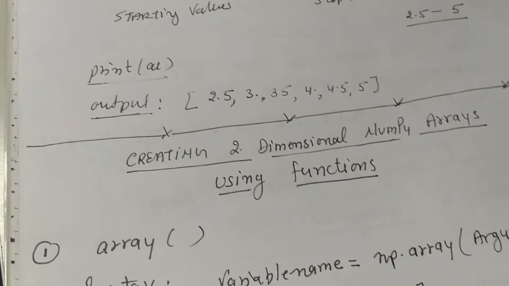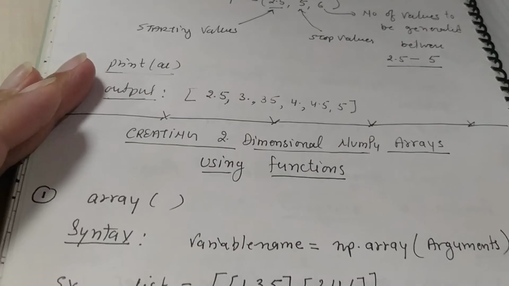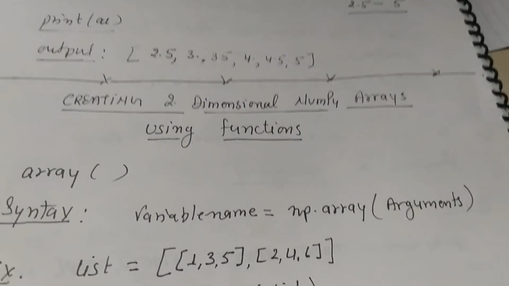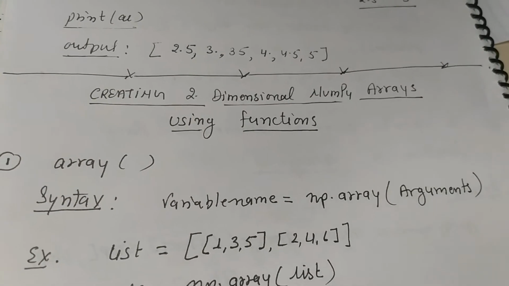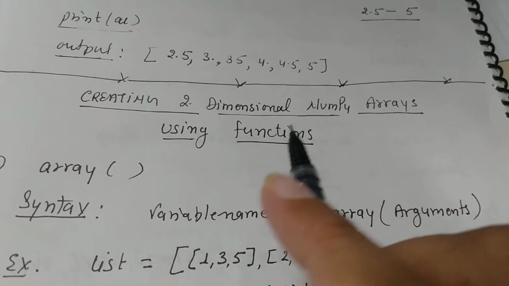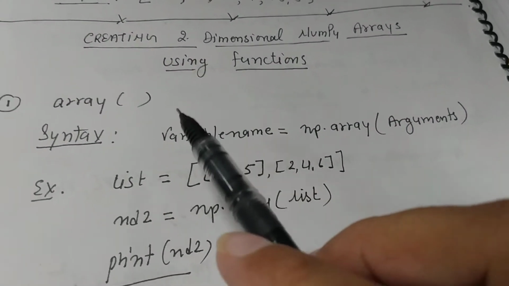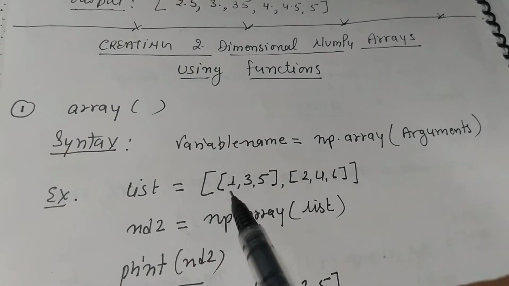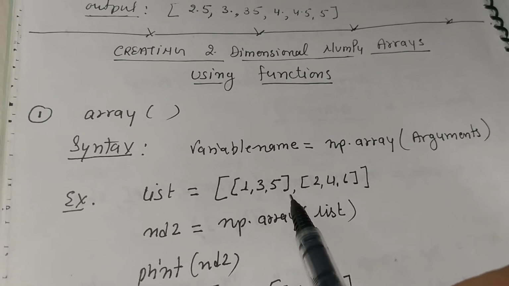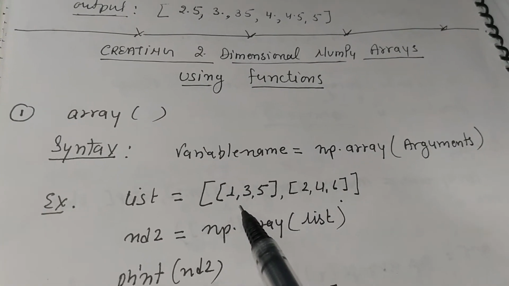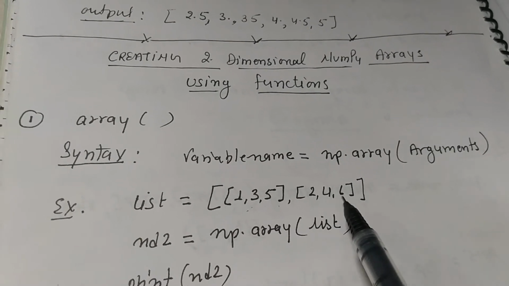Now students, as we studied the one dimensional array, in the same way in a two dimensional array, what functions are we using, or how will we use the array function? In the array where we were giving one dimension, the same way we will give two dimensions because it is two dimensional. So one dimension is 1 3 5 and the second dimension is 2 4 6.